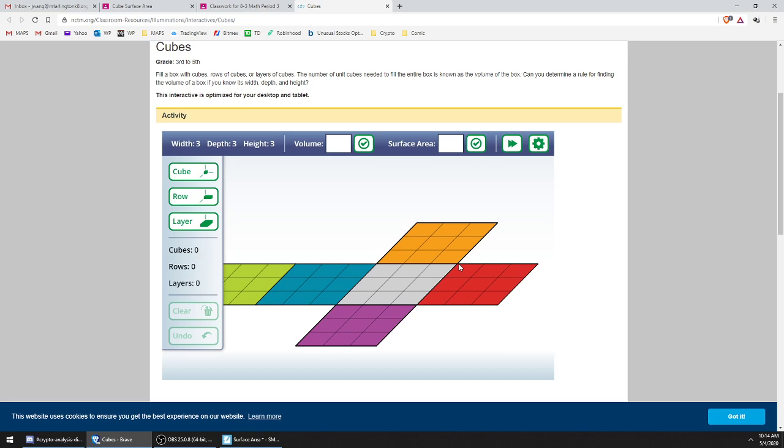What's my width? 1, 2, 3. So I have a 3 by 3. And how do I find area? I multiply it. So 3 times 3 is 9. And isn't that the same for all the rest? 3 by 3, 3 by 3, and so forth.